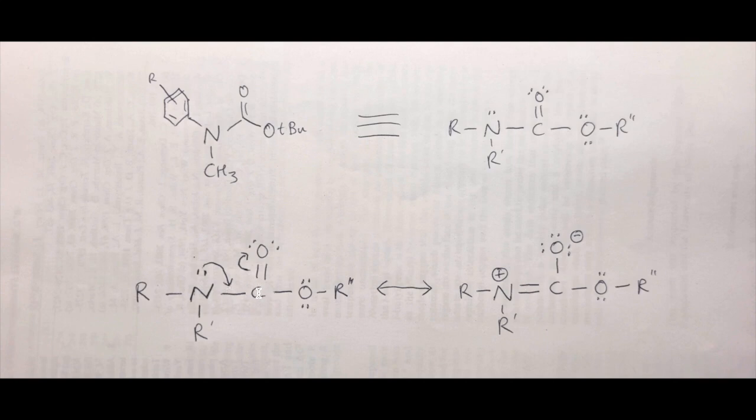Now, we can't have 5 bonds to this carbon, so the pi electrons from this double bond get pushed to that oxygen, okay, and that's why it winds up having 3 lone pairs and therefore a negative formal charge. This is where that double bond between the nitrogen and the carbon comes from, and that's what hinders the rotation between the syn and anti-conformer.